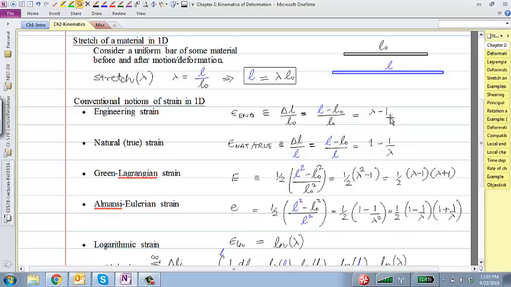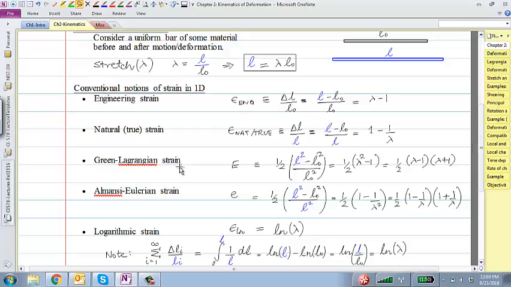So any monotonic function that goes to 0 at lambda equal to 1 is a valid measure of strain. You can cook up your own definition of strain, and it's going to be working just as well as some of these other measures.